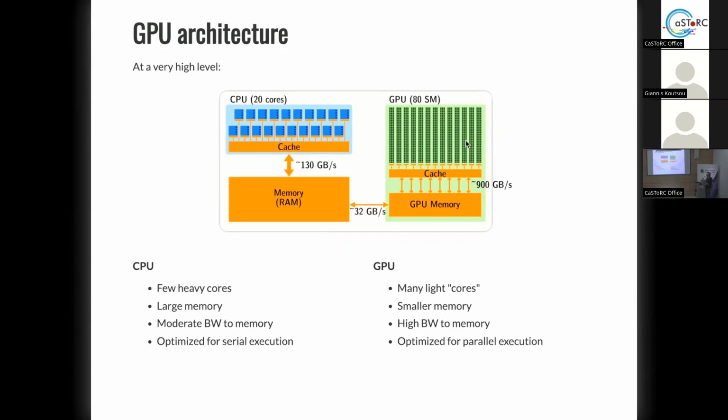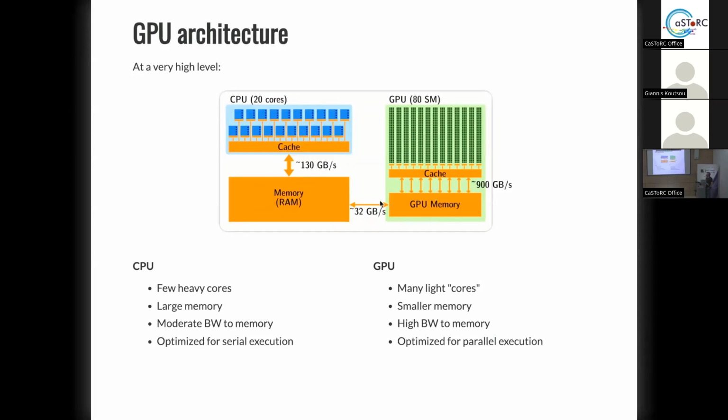Although what is called a GPU core is fuzzy and depends on how you count. But in general, these boxes are not to scale, but they give you the idea of the contrast between a CPU and a GPU.